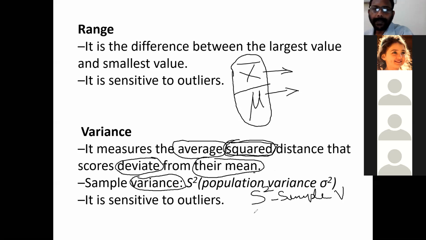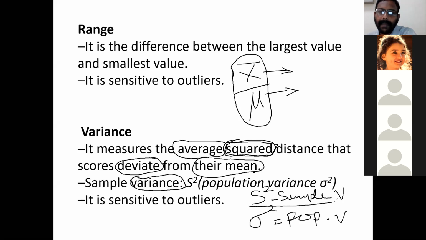The other notation is called the population variance. So how do we denote the sample variance?